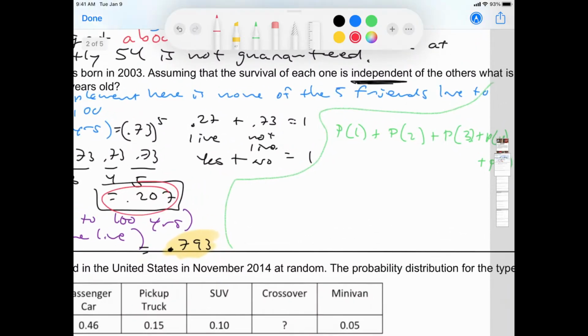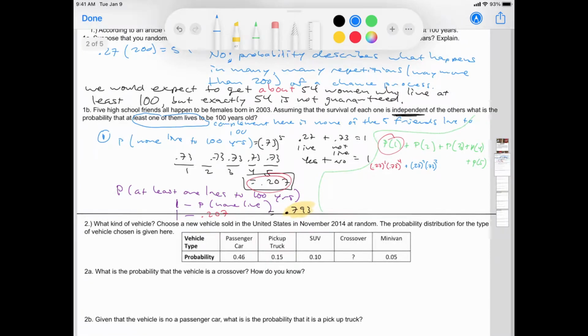Kind of painful, but you know, 0.27 that one person lives, and then 0.73 the other 4 don't live. Does this make sense? I'm just going to do one more. The probability that 2 of them live to 100, that means the other 3 would not. And then you would basically keep going and then just add up your probabilities. So that one's a little bit longer. That's why the complement's a little bit shorter.